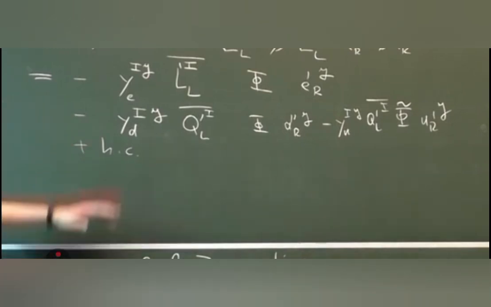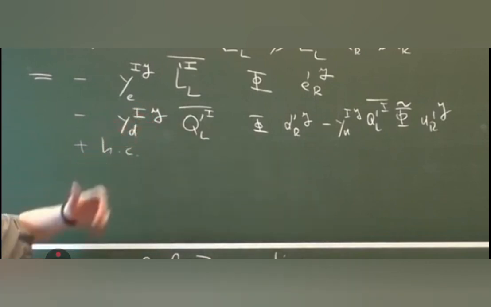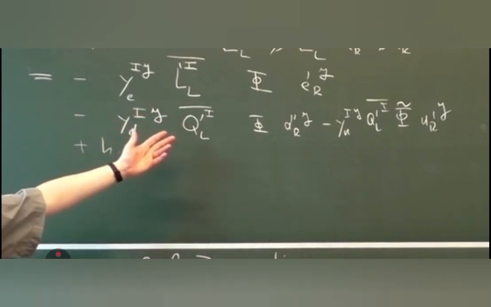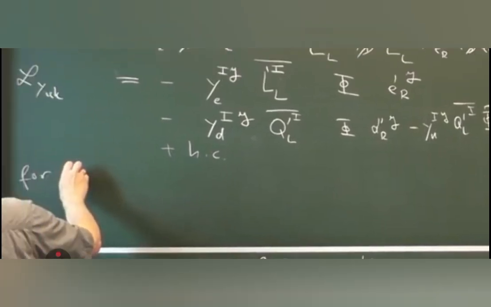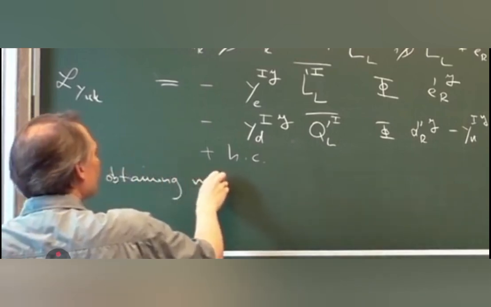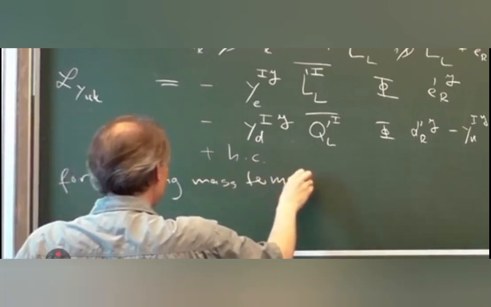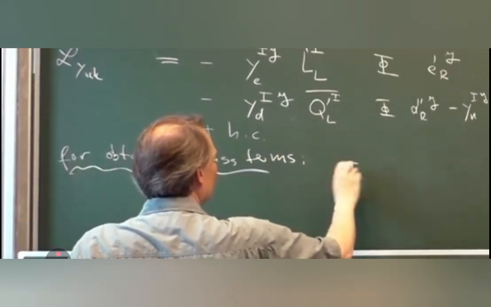Now let us discuss the physics of the 3 generations. And in the end we will obtain, for example, what are the masses of the various quarks and leptons, and we will discover that the primed fields do not necessarily correspond to mass eigenstates, and then we need to do something about it. Okay, so that is a kind of a long way for obtaining the mass terms. We clearly need to go into the minimum of the Higgs.